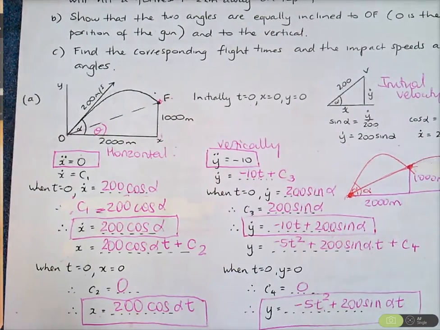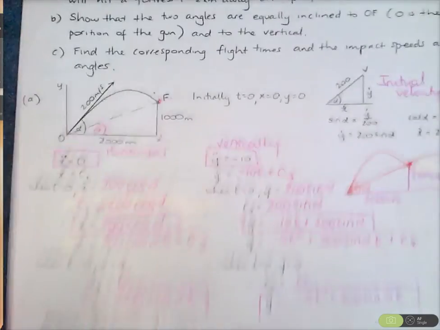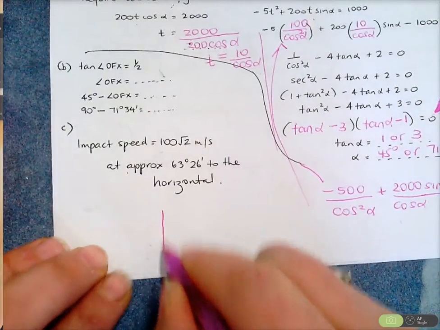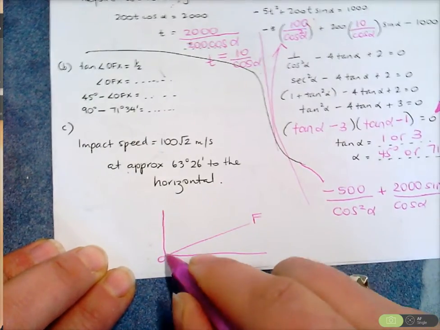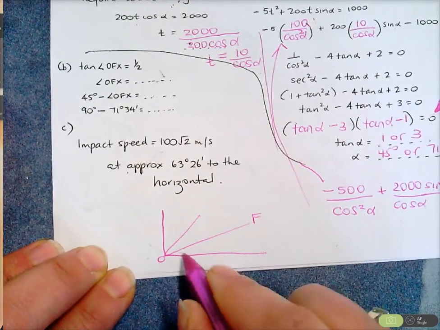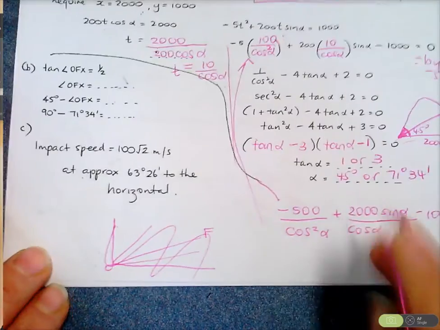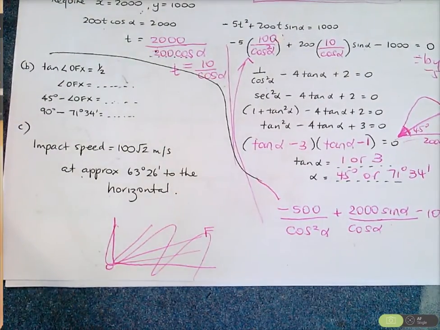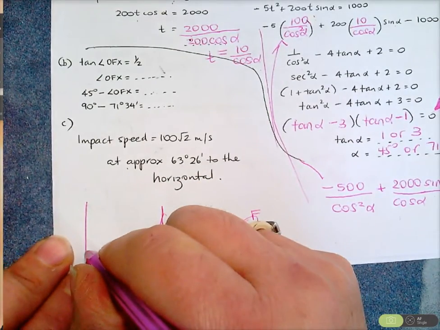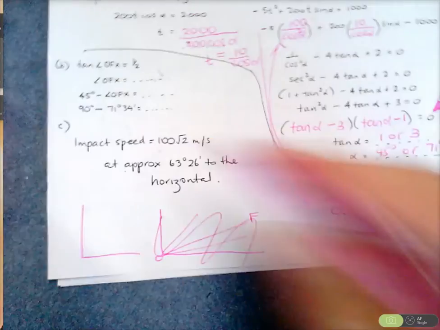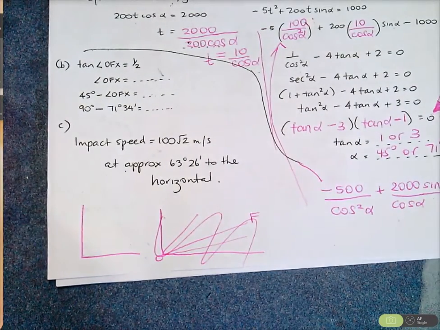All right, I'll show you what it's saying. So girls, down here, there's OF. You know how one angle was 71 and the other one was 45? Oh, that's really badly drawn. I'll have to do it on the board. OF, is it 1,000 up, 2,000 across?